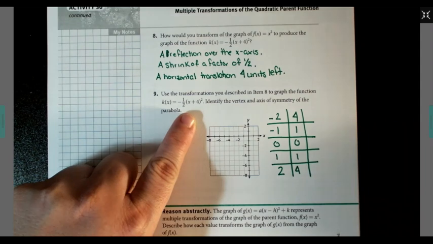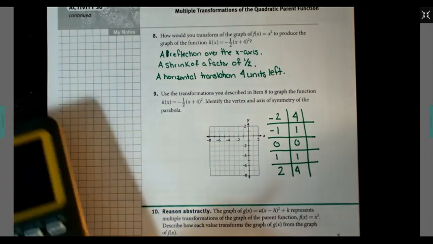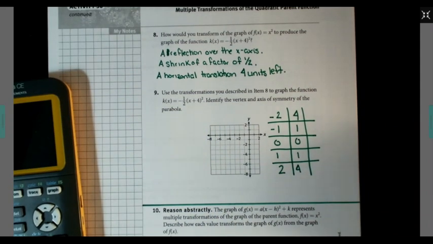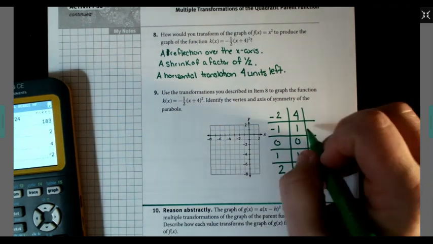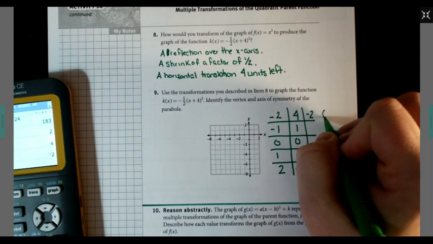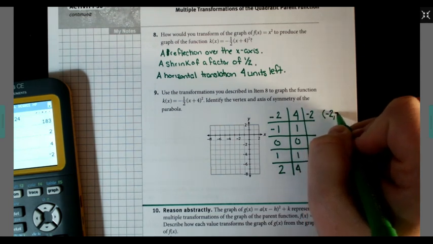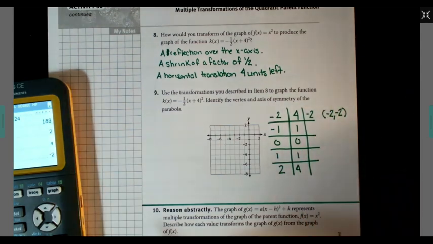So we got -2 plus 4. We're going to square that times -1/2 gives me -2. So -2, -2.